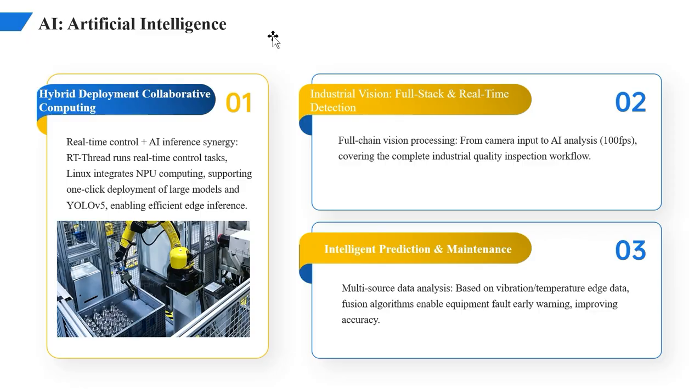And the full-chain vision processing achieves 100 FPS from camera input to detection and classification. And the multi-source data analysis fuses vibration and temperature data with AI for predictive maintenance and early warning. AI is integrated from day one, not an afterthought.